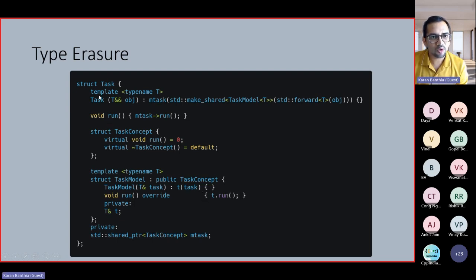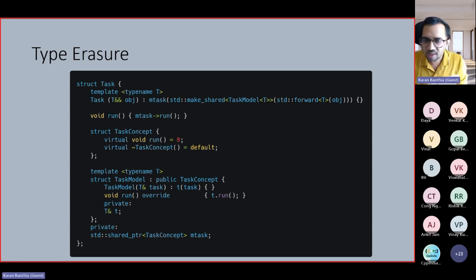So in this aggregate object, when you instantiate this object, you can do it with move semantics. Here I've used R value references as well. So here you own the task, you own the object. So it is local ownership.